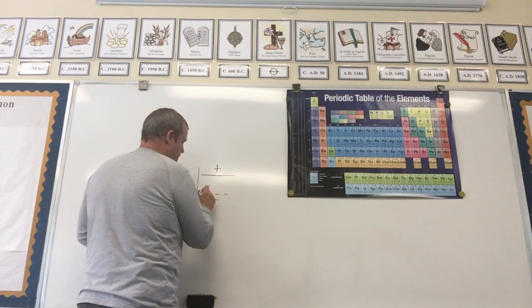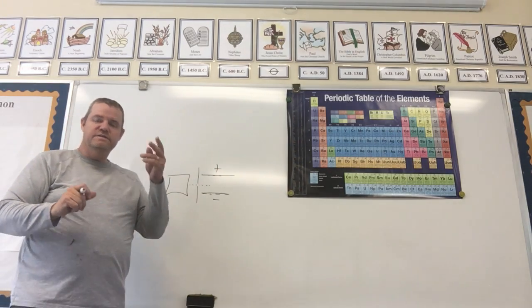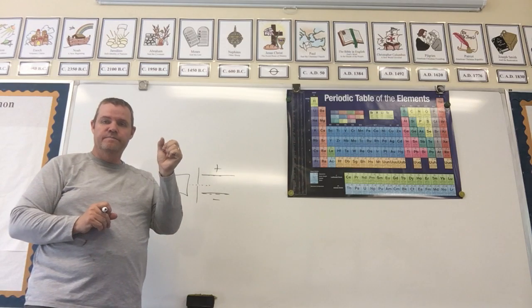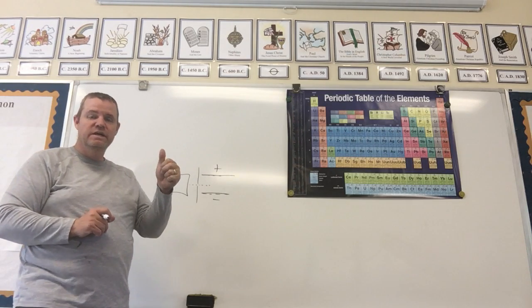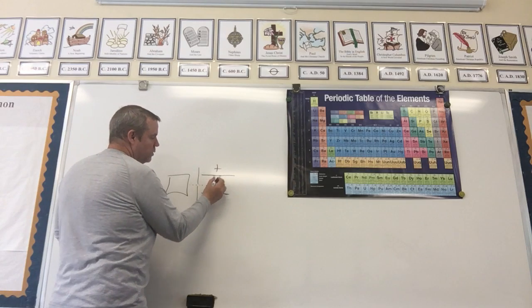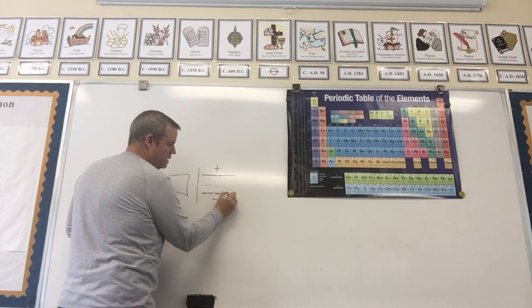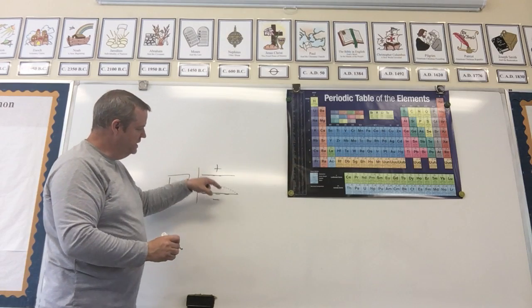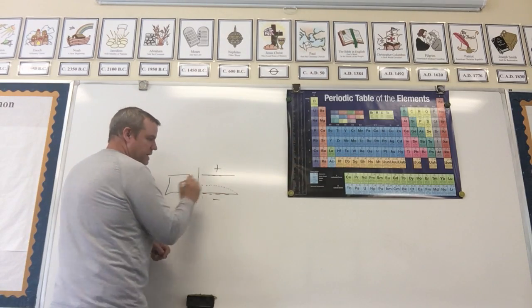So it comes shooting out of here, and if it's a helium nucleus or an alpha particle, it's going to be positive charged. That means it's going to be pushed away from the positive and attracted to the negative, so it's going to come out and do this.